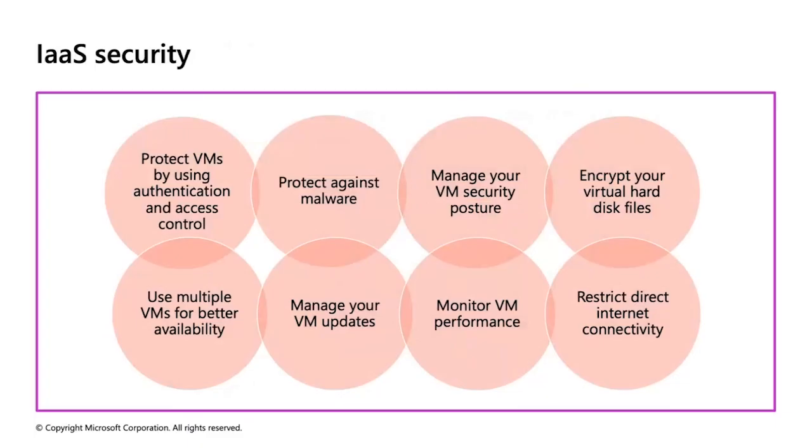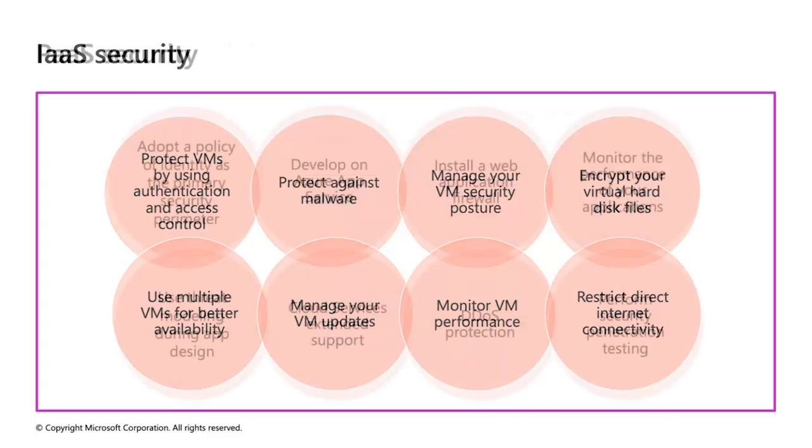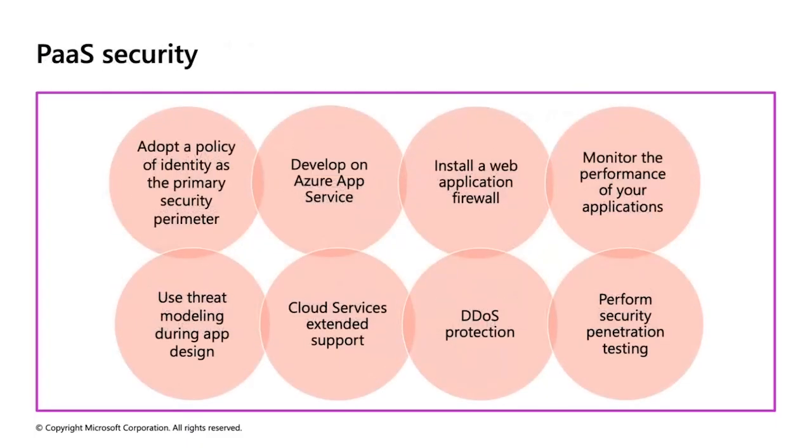We have similar guidelines for platform as a service security. So for platform as a service security, these are different kinds of guidelines that we can follow. You can adopt a policy of identity as the primary security perimeter.